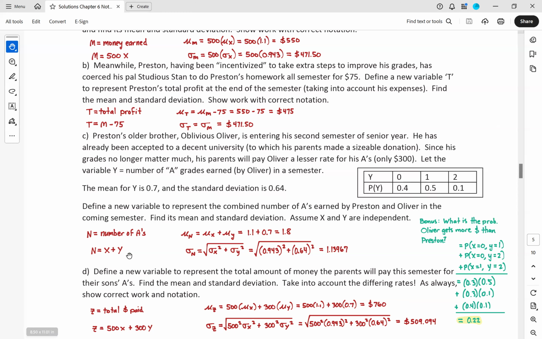So n equals x plus y. Okay, what happens to the mean? Mean is, as always, fairly intuitive. The mean of n, or the mean of x plus y, is just the mean of x plus the mean of y. Okay, both of those means were given earlier in the prompt, so I'm just adding them together to get the mean number of A's.